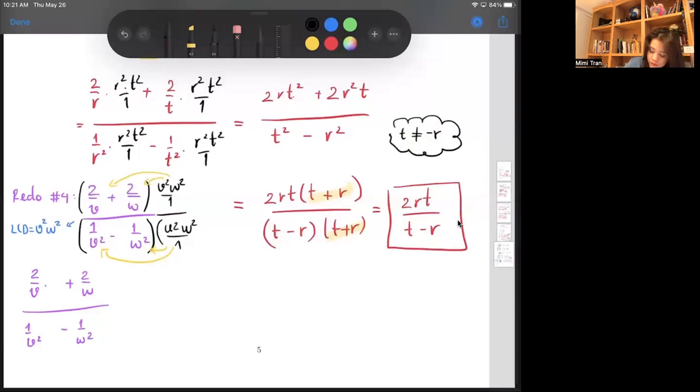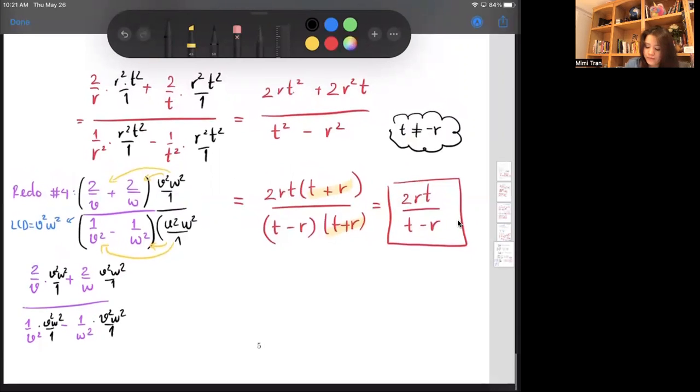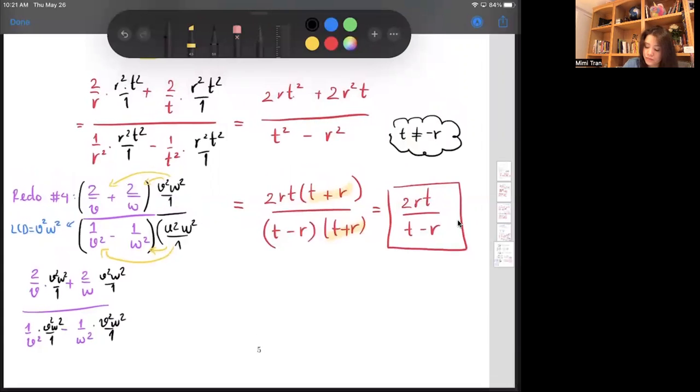Okay, so for the first one, V, so times V squared W squared over 1, V squared W squared over 1 for each term. Now you simplify.